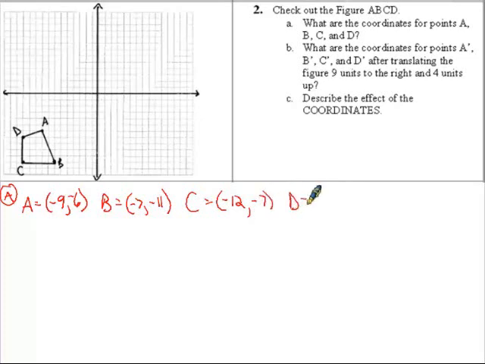And then for D, it's as far back as, actually, let's see. I only went down to -7, but I'm graphing point C, so 7, 8, 9, 10, 11. That's also -11, which makes sense because it's as far down as point B.